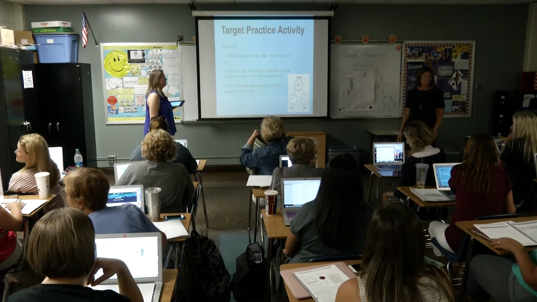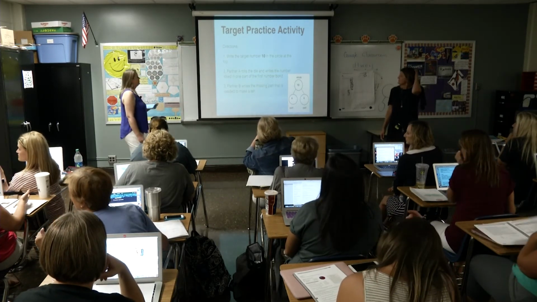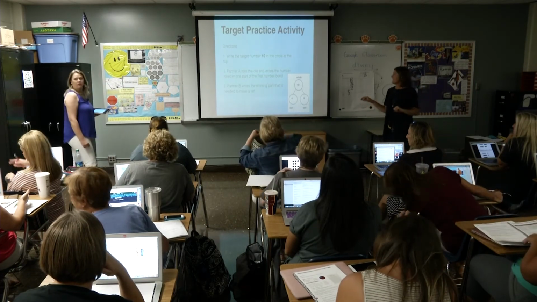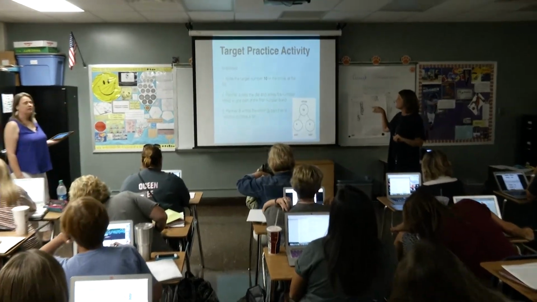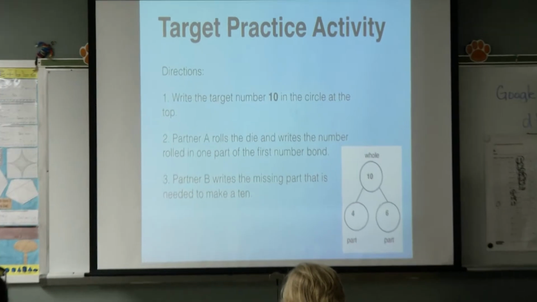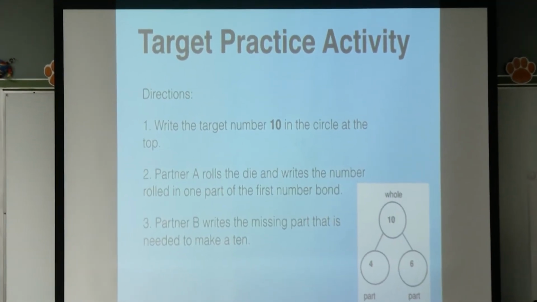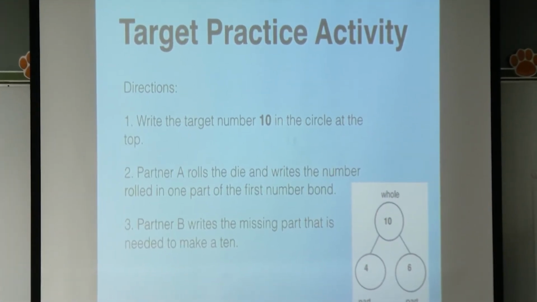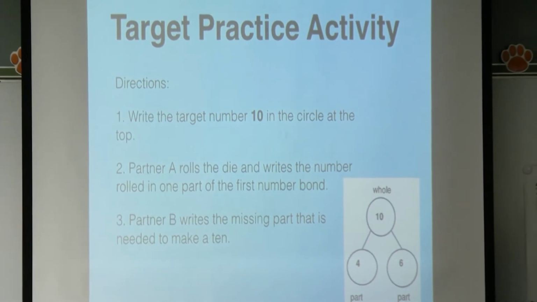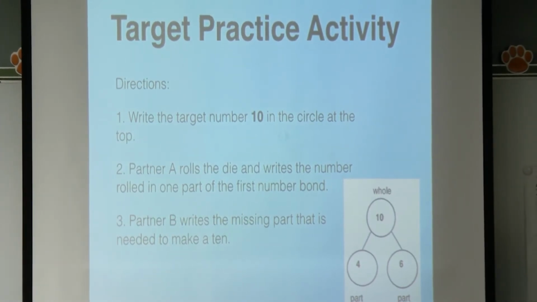Okay, so the last piece of fluency that they have is the target practice activity. You won't usually have an activity like this for most of the fluencies. Usually they're 15 to 18 minutes, not very long. It's really long this first lesson because it's review and because they want you to teach procedures, hand signals, expectations, all those kinds of skills that you're going to need as you go along.